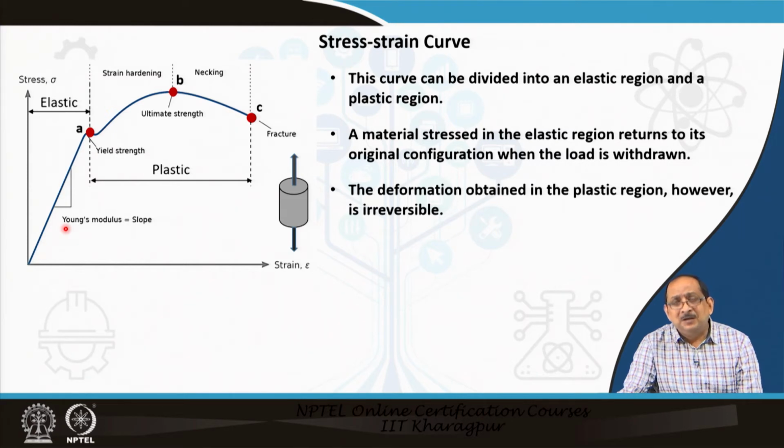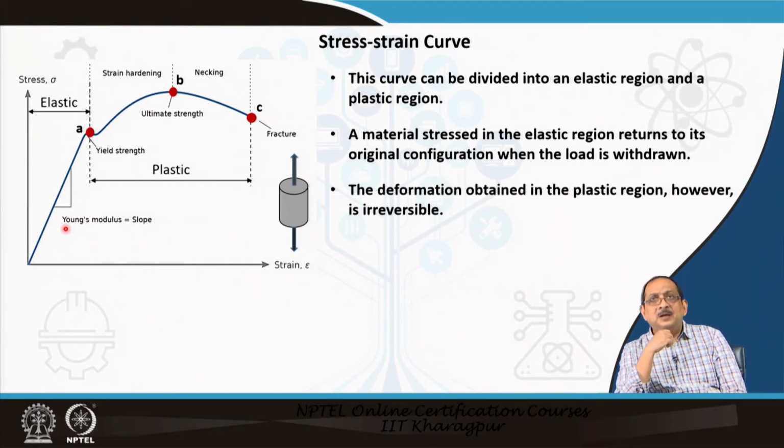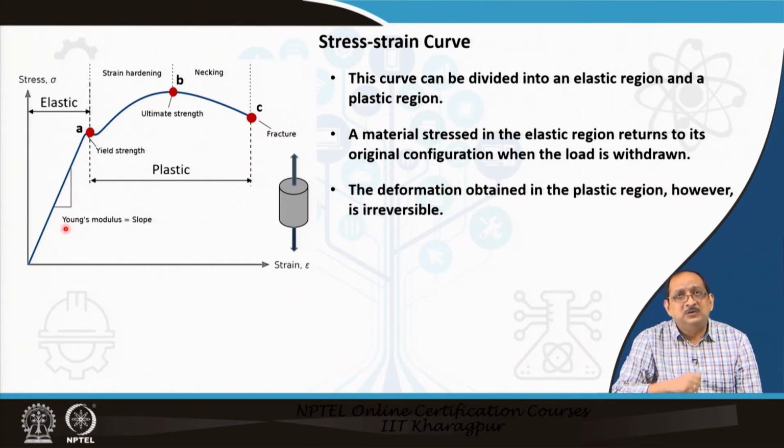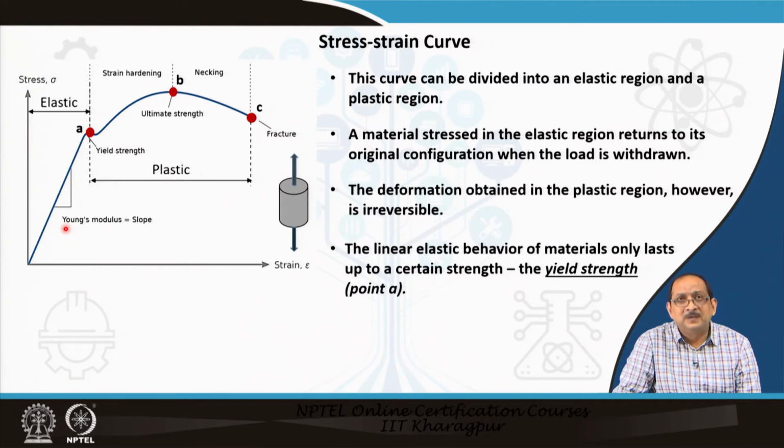The material which is stressed in the elastic region returns to its original configuration when the load is withdrawn. However, the deformation obtained in the plastic region is irreversible. In the plastic region, the material undergoes permanent deformation.